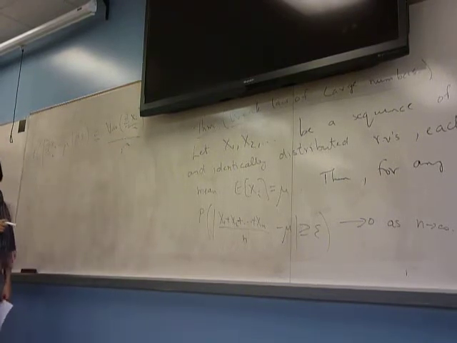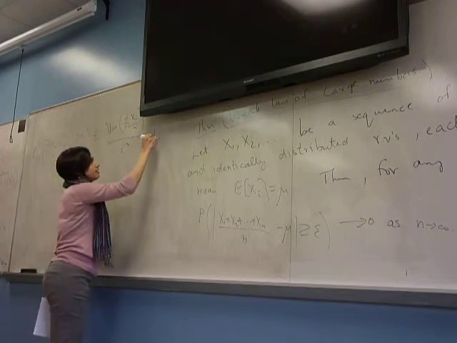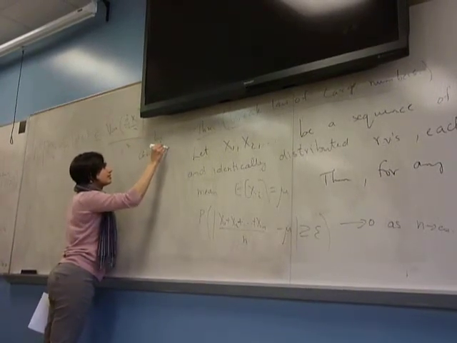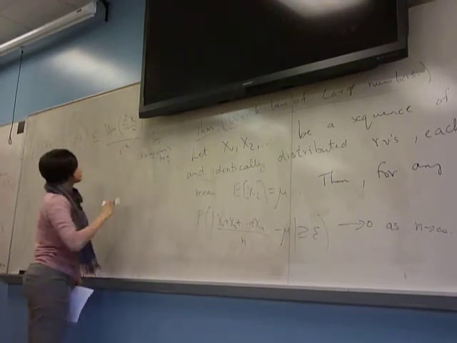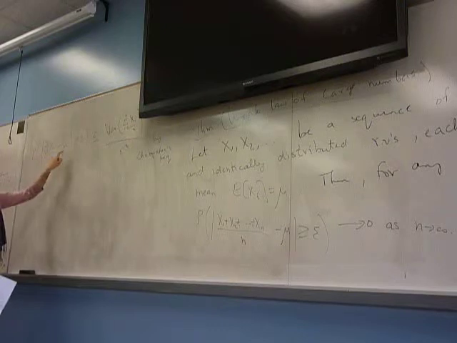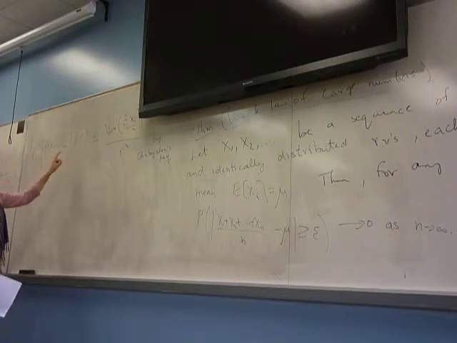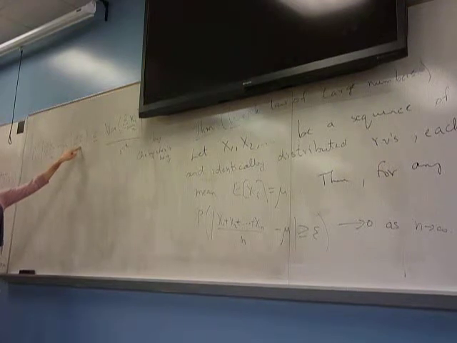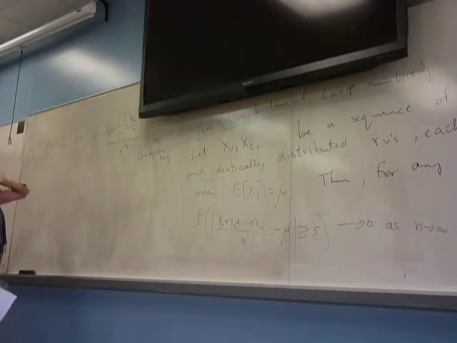That's Chebyshev's inequality. Chebyshev's inequality says the probability of a random variable minus its mean being greater than or equal to something is bounded by the variance of this random variable divided by epsilon squared. That was the statement of Chebyshev's inequality.